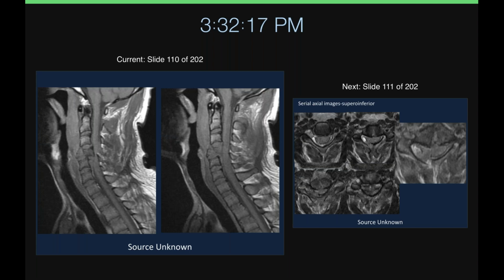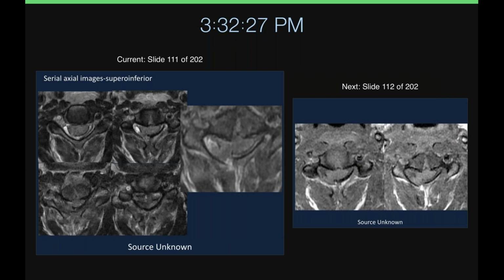So here, it looks like there's significant retropulsion of C4 with a significant narrowing of the spinal canal. And at that level, there's severe narrowing of the spinal canal and deformity of the. So actually, one side of the vertebral body was more displaced than the other here.